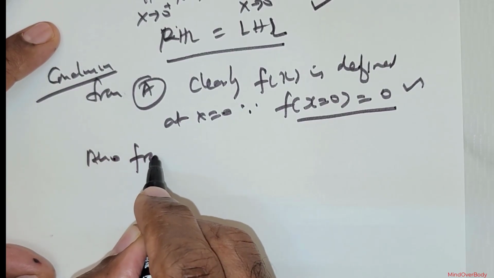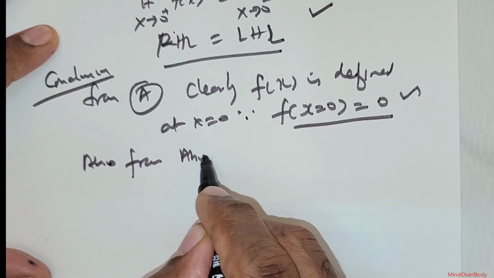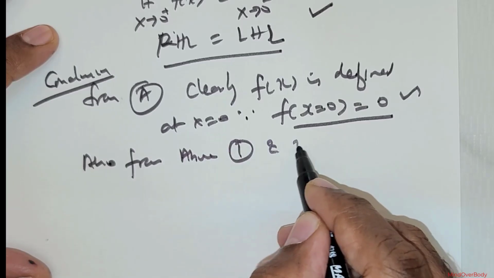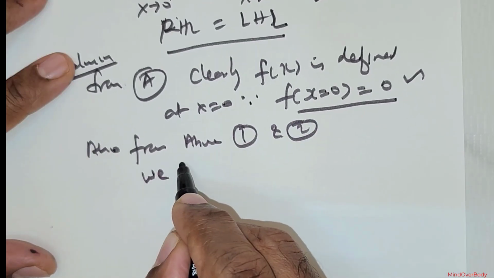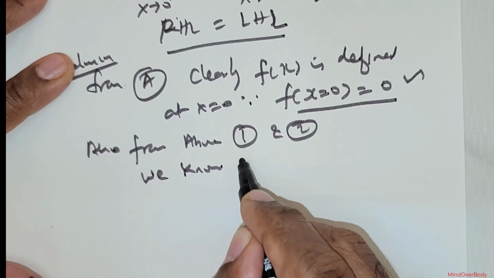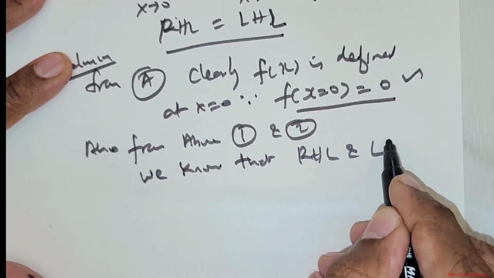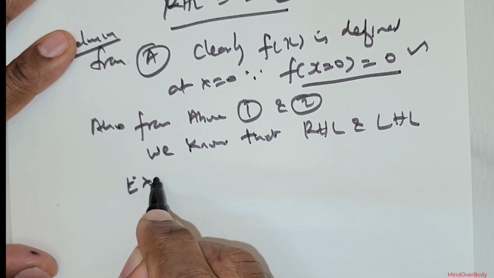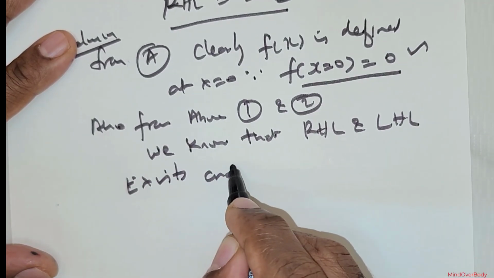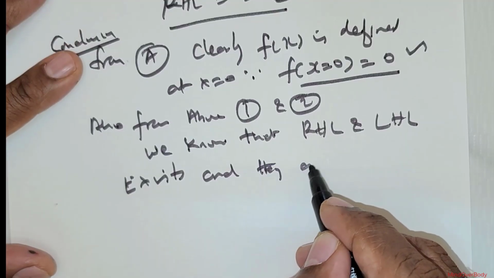Also from above, or say 1 and 2, we know that the right hand limit and the left hand limit exist, and they are equal.